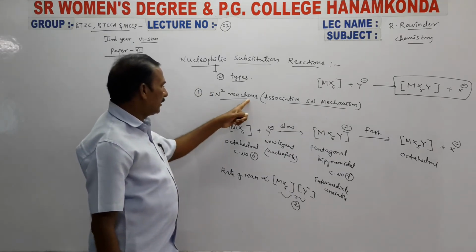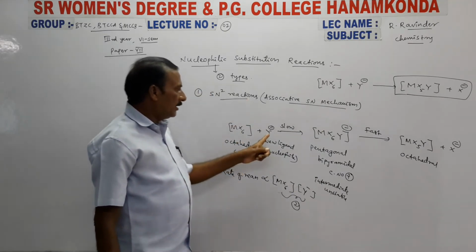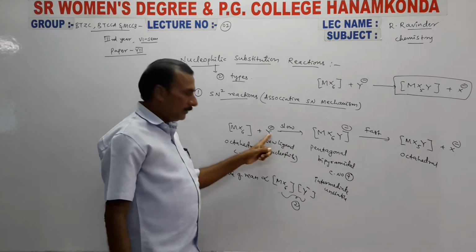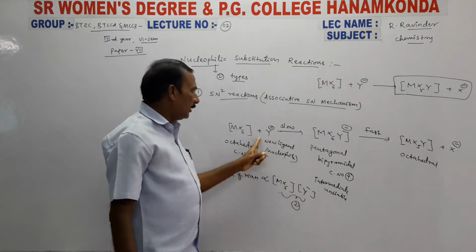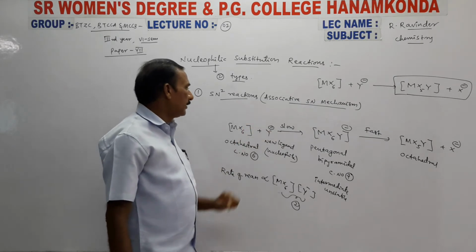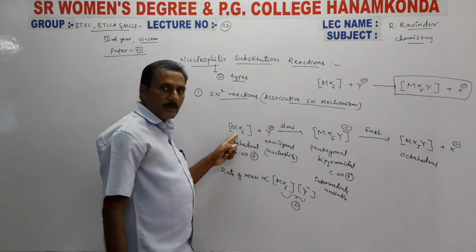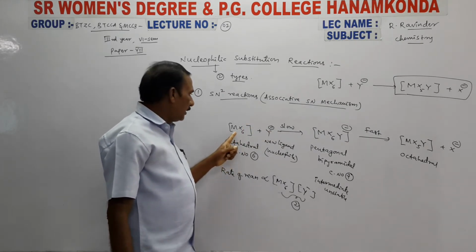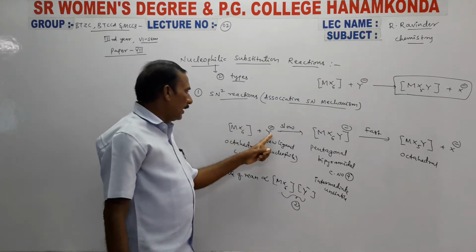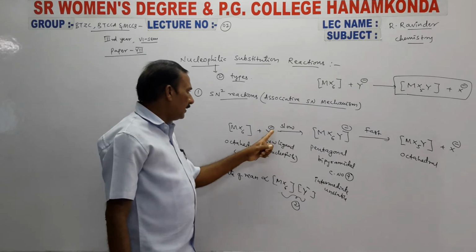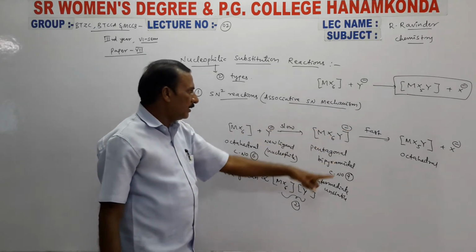The SN2 reaction means the rate of the reaction depends upon the concentration of two reactant molecules. The best example for the SN2 reaction is the octahedral molecule MX6. There are 6 ligands. With the addition of the new ligand Y minus nucleophile, instead of Y, the X is eliminated as X minus.